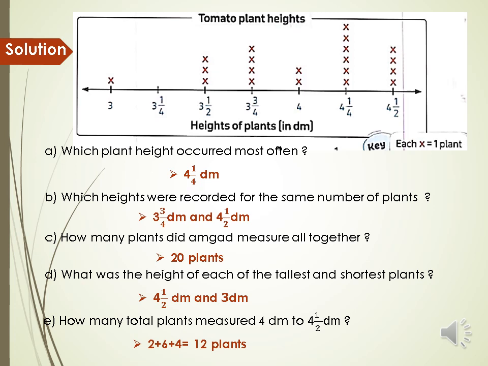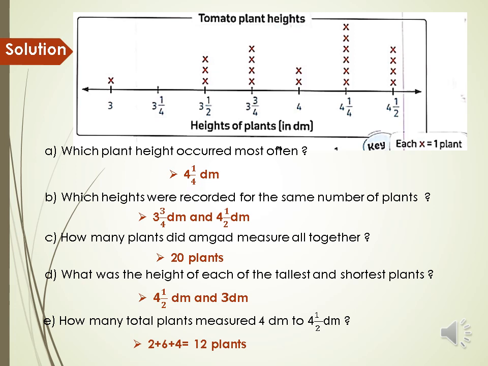From the line plot, we find that 3 and 3/4 decimeter and 4.5 decimeter have the same number of plants. Letter C. How many plants did Amgad measure altogether? We will count all the plants. We find that we have 20 plants.